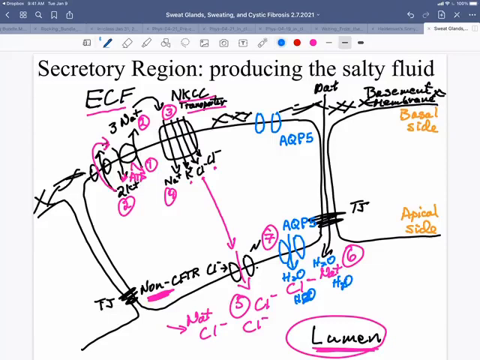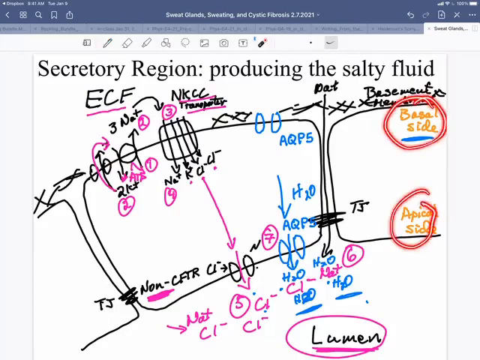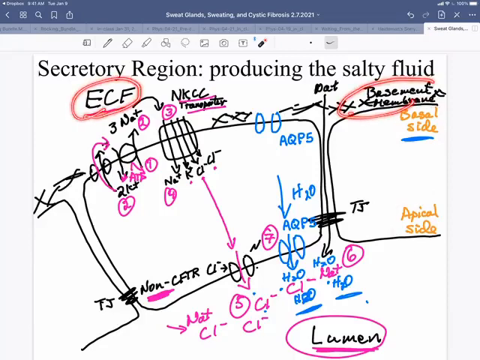Because each water that moves in winds up being part of a hydration shell, even though the water could go in either direction through this aquaporin, a water channel, you get net movement of water into the lumen. Because water is leaving the cell on this apical side, the basal side, so basal side and apical side. Basal side is always the side near the basement membrane and the extracellular fluid. The apical side is the side near the lumen.